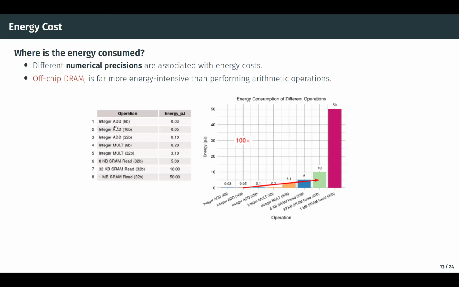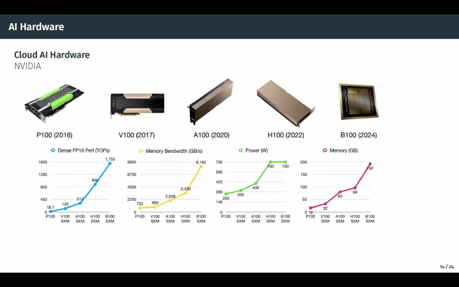Integer addition would cost about 0.03 picojoule, and similarly, a static RAM read of 1 MB would cost about 50 picojoule. We have these on different graphs and how we proceed towards that. This is how we look at these things on a really small scale.